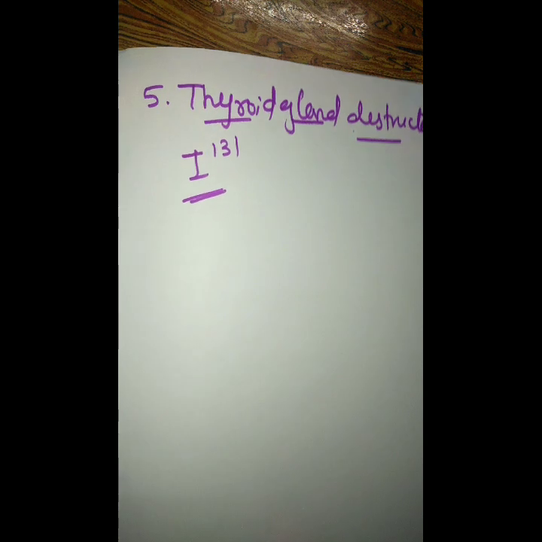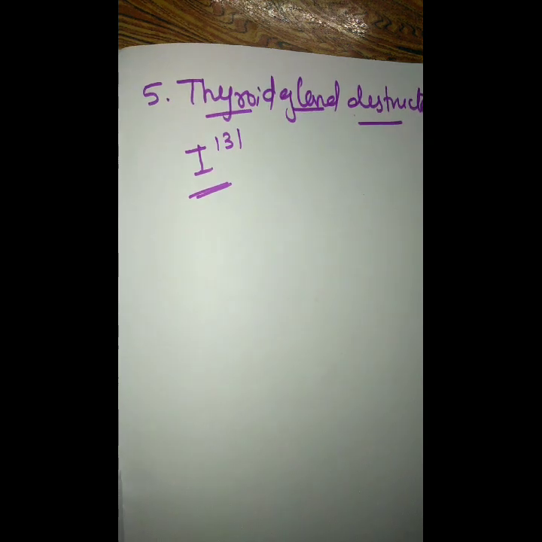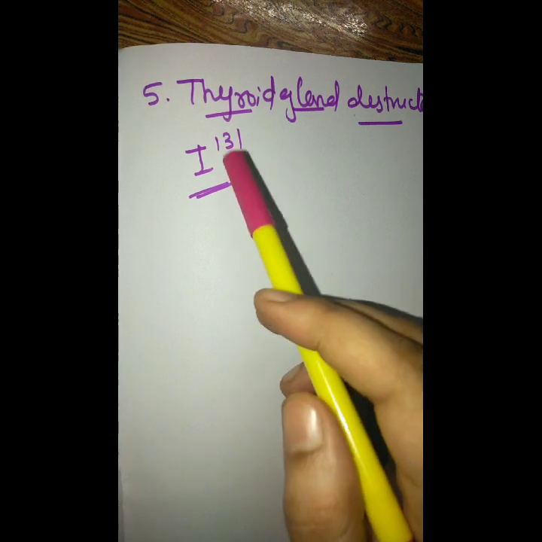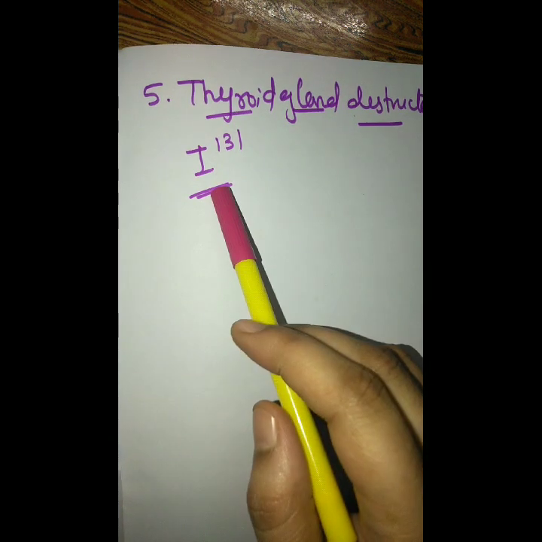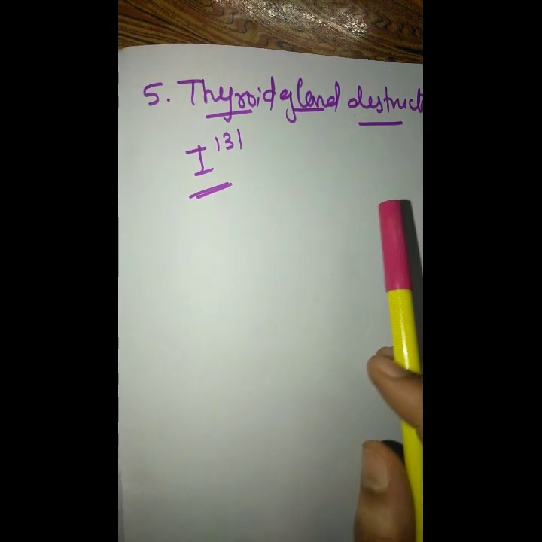So an overdose of any other hyperthyroidism drug is not that much of a problem, but an overdose of this radioactive isotope is very problematic, because these are irreversible drugs. Irreversible means once they have destroyed the thyroid gland, it will not be synthesized again, and we require lifelong thyroid therapy.